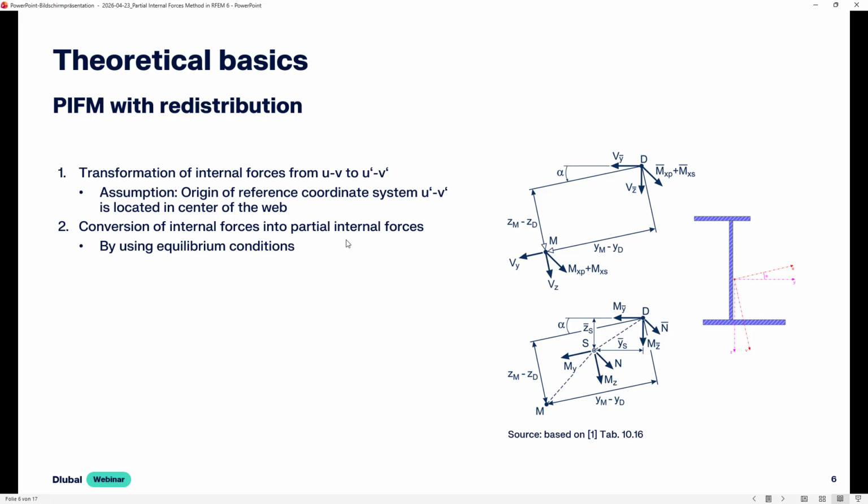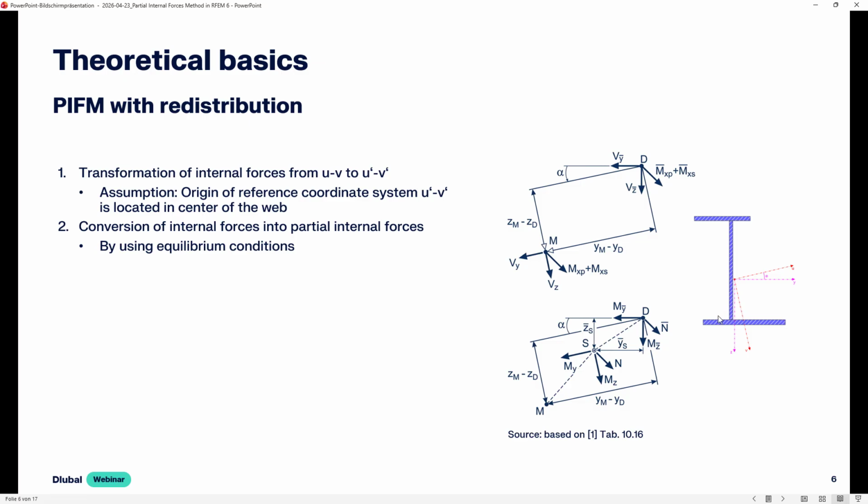So the idea of this method is to split such a complex unsymmetrical cross-section into multiple rectangular parts. And I think for this cross-section, it's very obvious that we will receive 3 parts, which would be the upper flange, the web, and also the lower flange, which are all rectangular section parts.